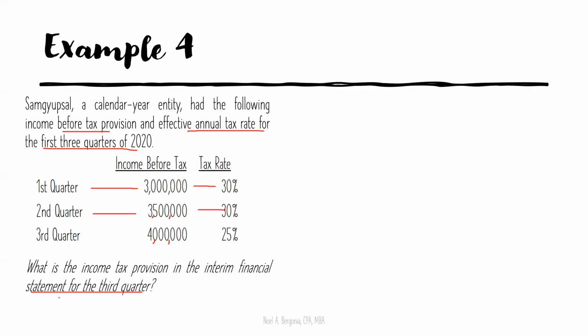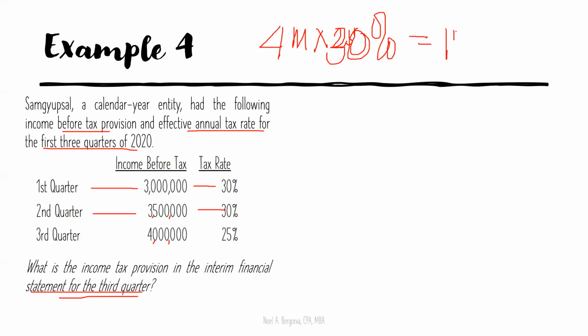So how much is the tax provision in the third quarter? If the tax rate had not changed, it should only be 4 million times 30%, which would be 1,200,000. Unfortunately, we will already be using 25%.